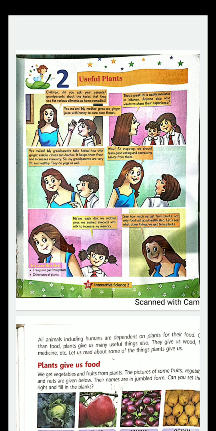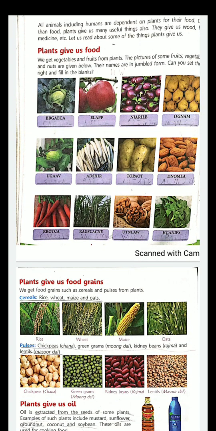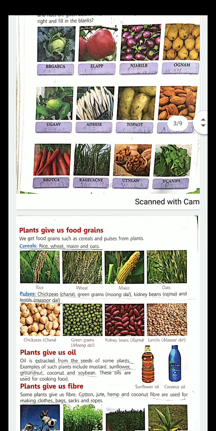Like in the last class, I told you that plants give us food grains, yes or no? Then we told you that the food grains are cereals and pulses, yes or no? So I asked you a question, give the names of 3 cereals and 3 pulses. So that means you have not gone through the last 2 classes.